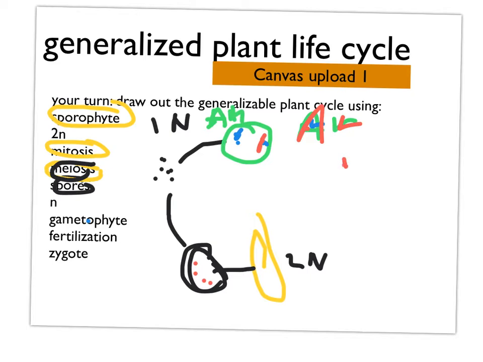So here's female haploid gametes, and here's male haploid gametes, and then finally we have fertilization, and we have a gametophyte that gives rise to a sporophyte.